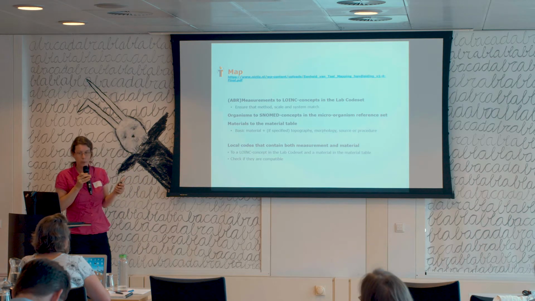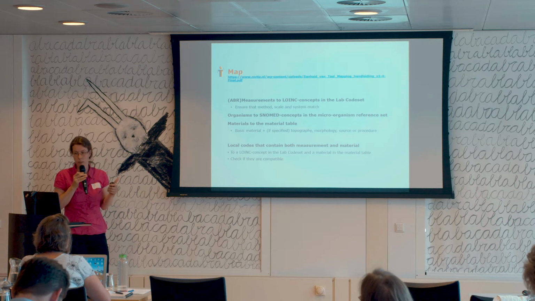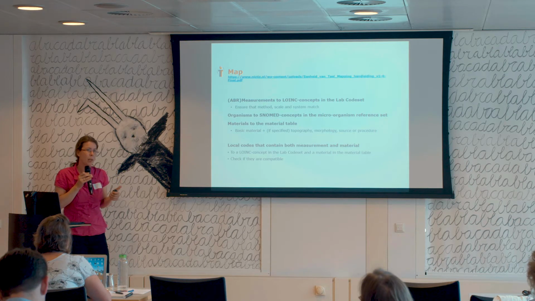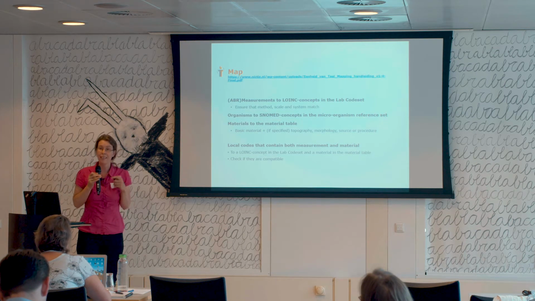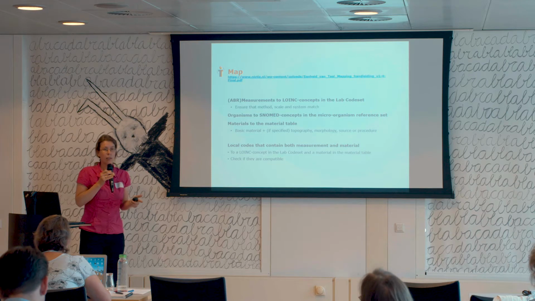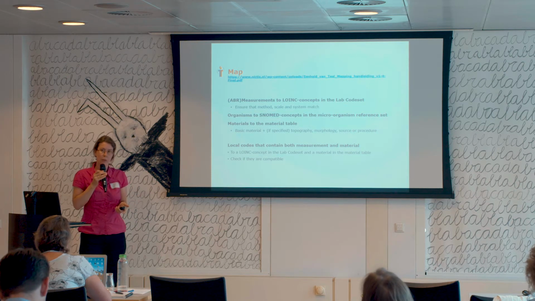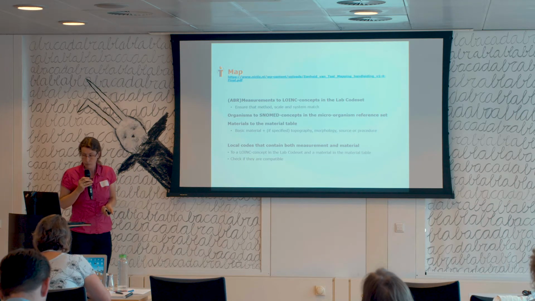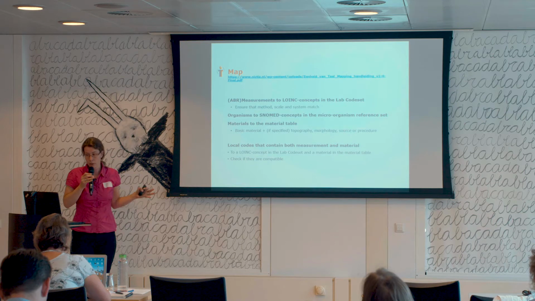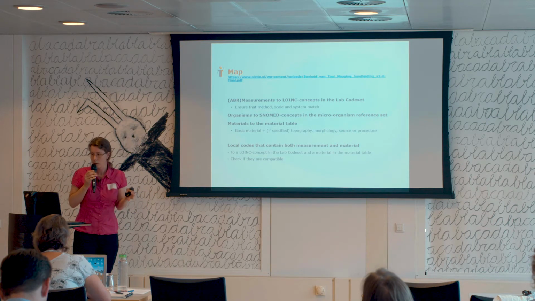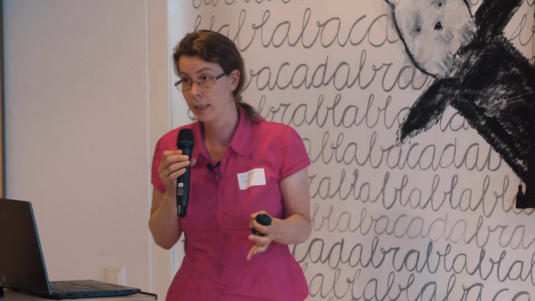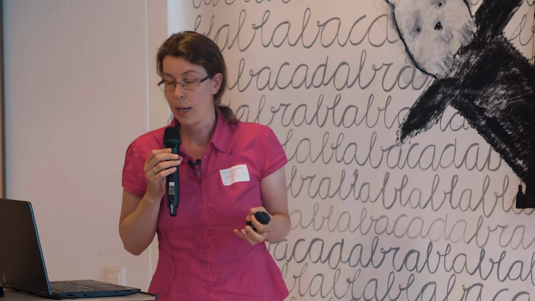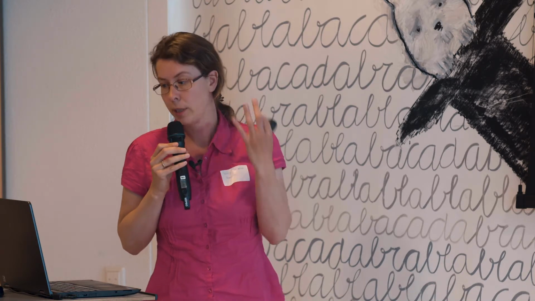Don't just look at the component, but make sure that the system matches, that you're not mapping a blood test to a urine test. Make sure that the scale matches. If you've got a quantitative test, you can't map it to an ordinal test because they're very different things, and so on. If you have a list of microorganisms, map them to the SNOMED concepts in the microorganism reference set. If you have a list of materials, map them to the material table.